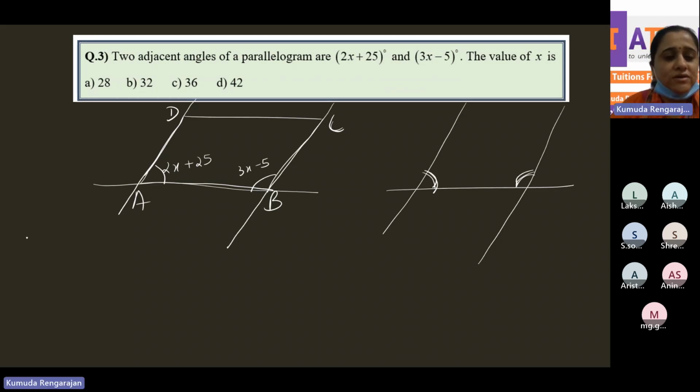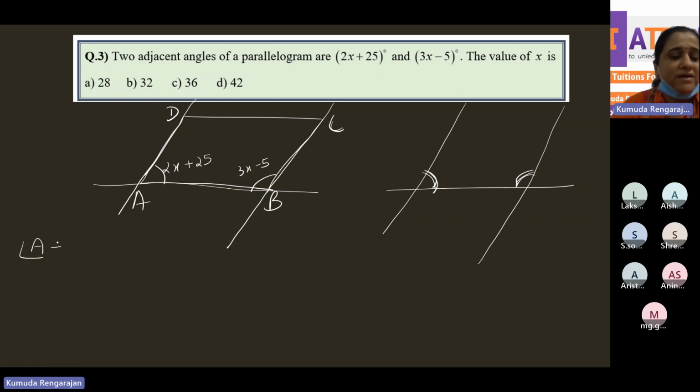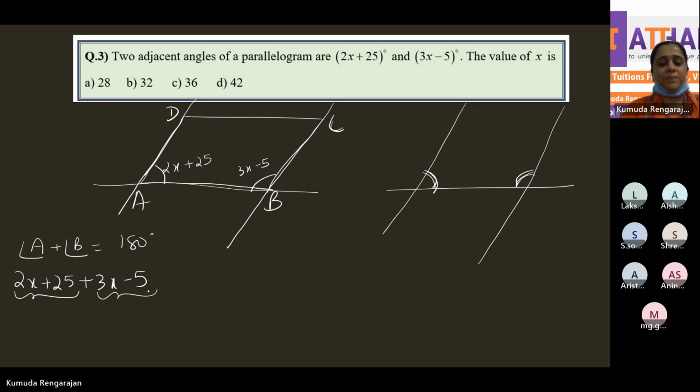So the equation is angle A plus angle B is equal to 180, because co-interior angles are supplementary. Angle A is 2x plus 25, angle B is 3x minus 5, so 2x plus 25 plus 3x minus 5 is equal to 180. Now 3x plus 2x is 5x, 25 minus 5 is 20.